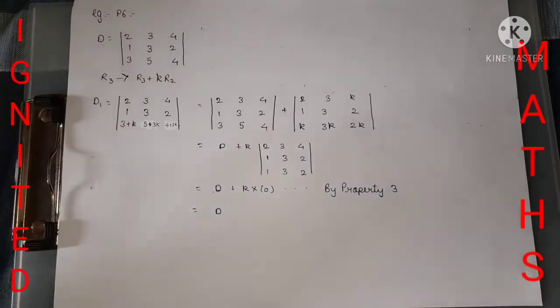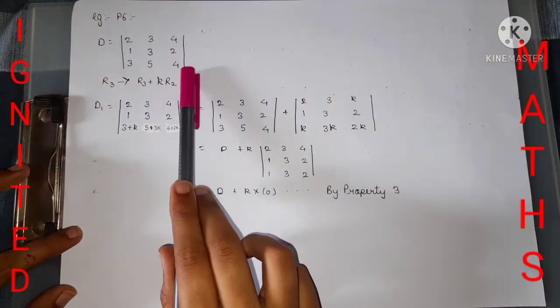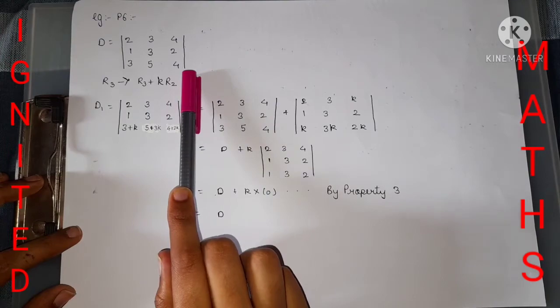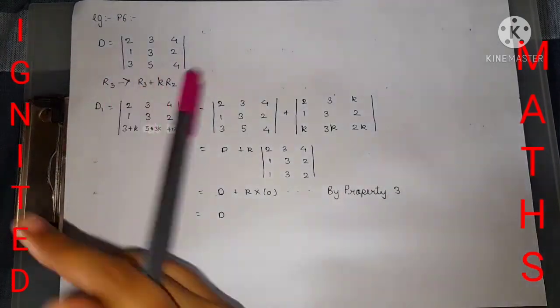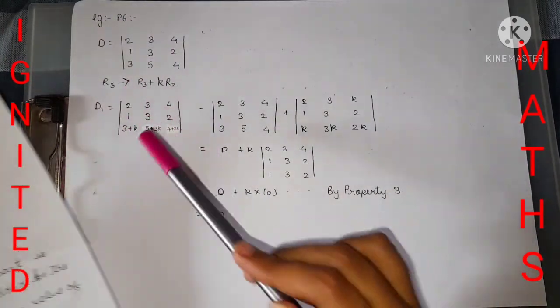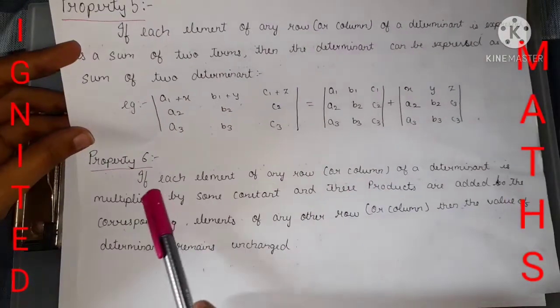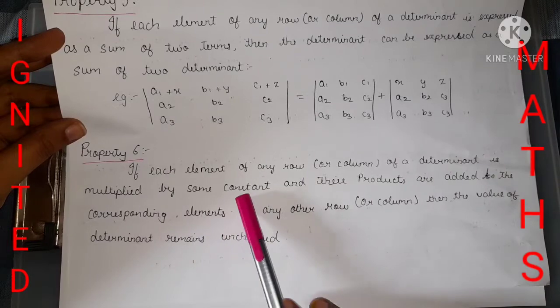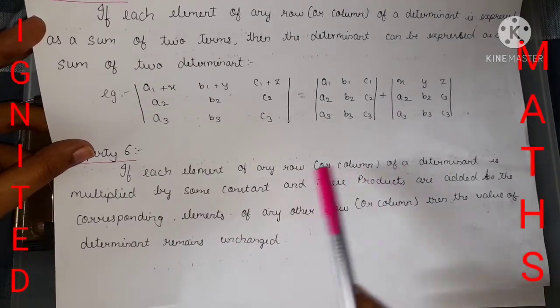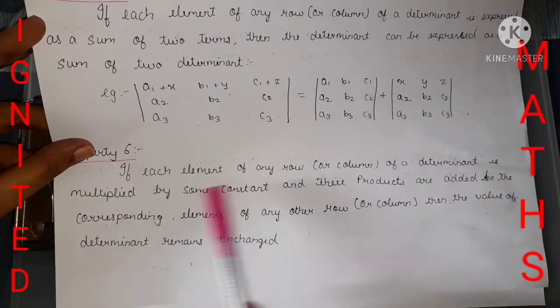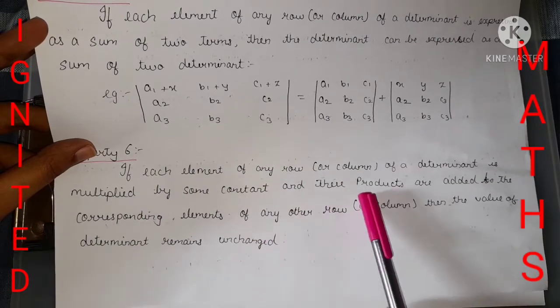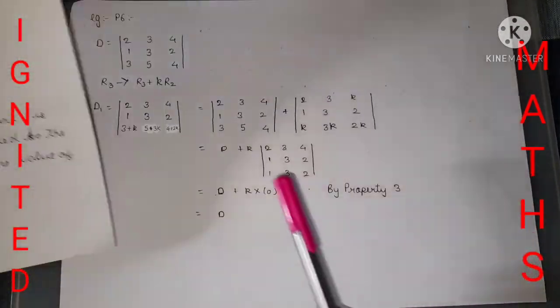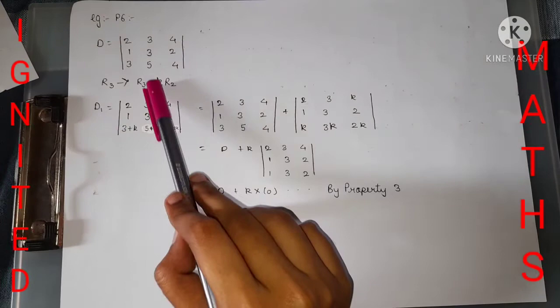You can prove it. For property 6, I took the same example as we took earlier for properties 1 and 2. Now, property 6, one by one. If each element of any row or column of a determinant is multiplied by some constant, and their products are added to the corresponding elements.